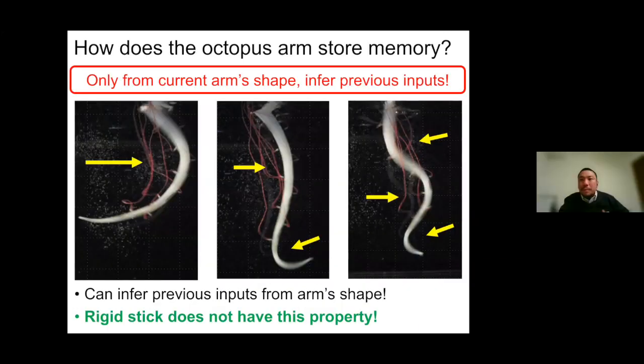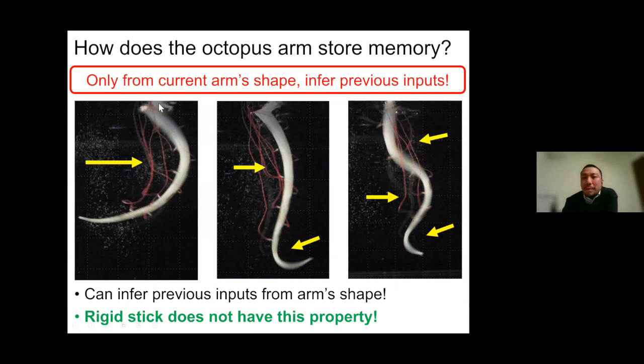And intuitively, I would like to explain what is going on in this soft robotic arm. So what does it mean to have memory in this arm? Intuitively, this task means that by checking the shape of the current arm, can you reproduce what was happening in the motor part?